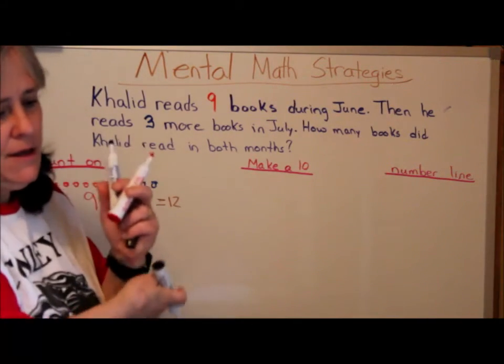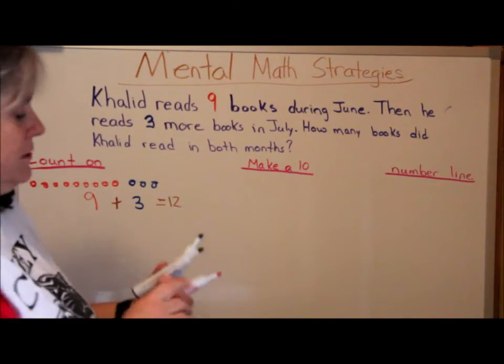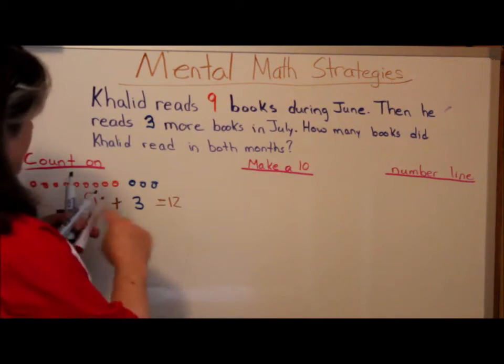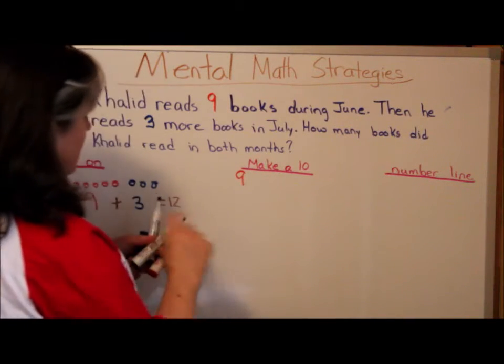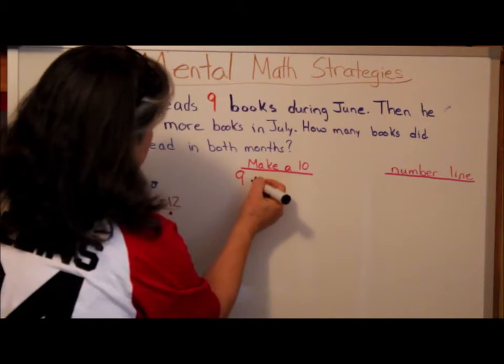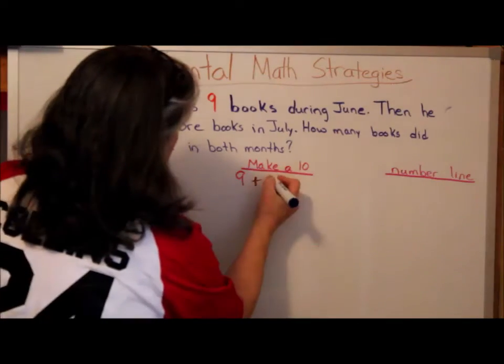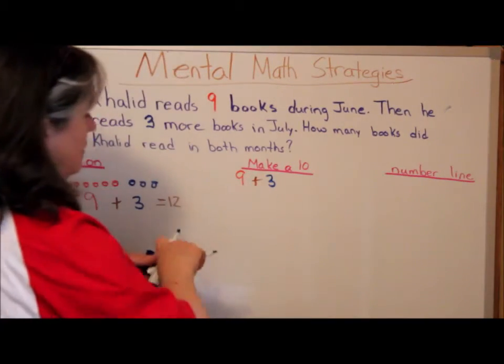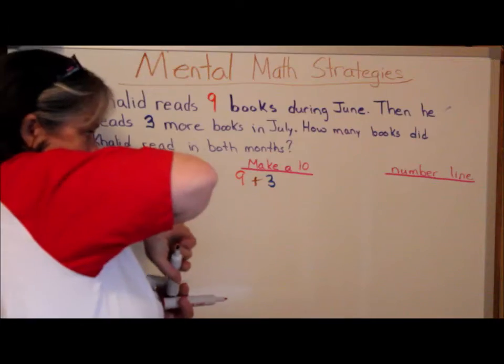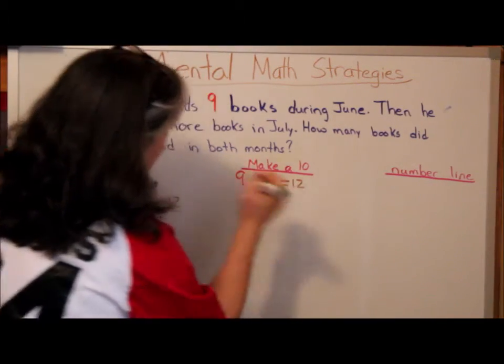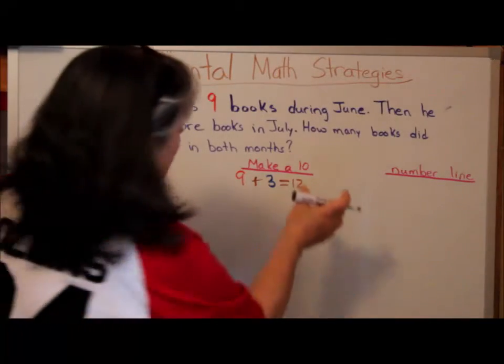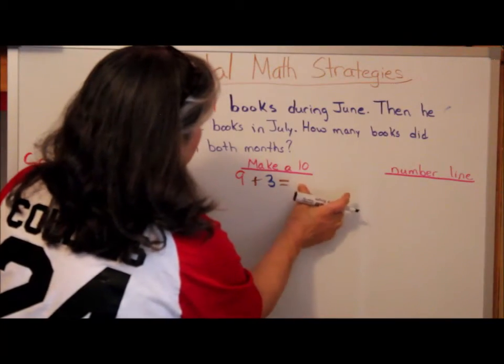Another way is to make a 10. All right, so let's start with our number sentence here. We have 9 plus 3 equals question mark, because on this one we don't know yet.